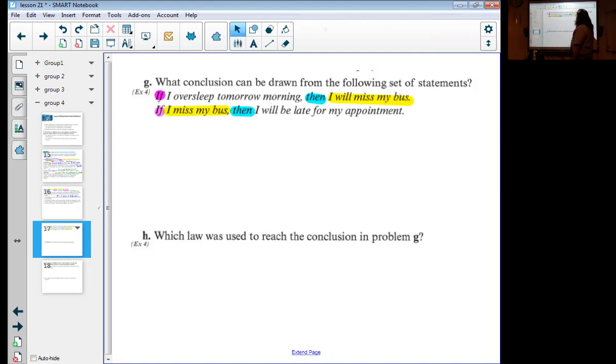So we can get rid of the part that's the same.